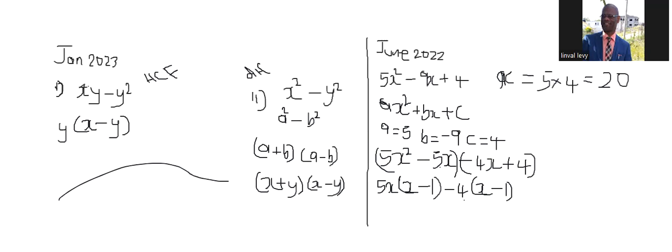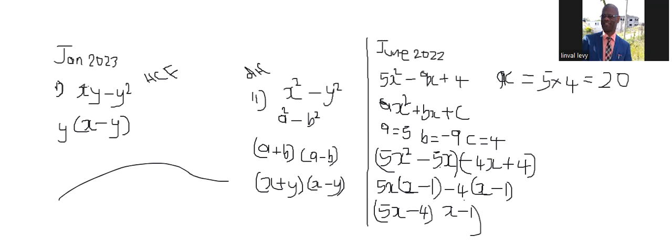So this would be 5x minus 4, close that bracket, and into x minus 1.